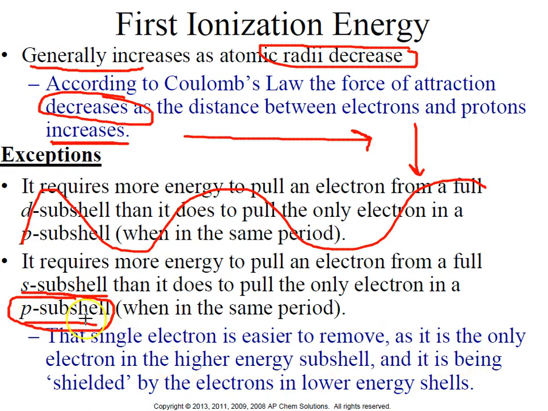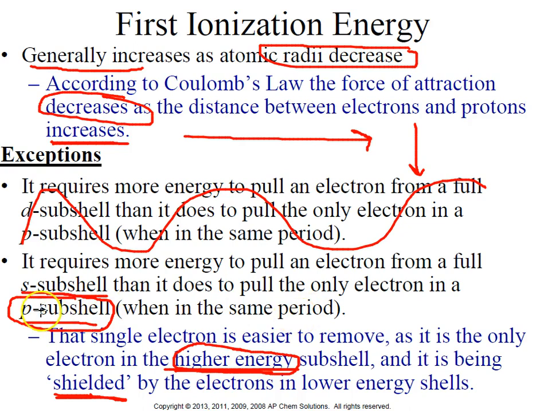Because the p, being in that separate subshell, is slightly higher in energy, only slightly, and is therefore shielded by the electrons in the s sublevel. The electrons in the s sublevel are a little closer to the nucleus, so they're harder to remove. But in the p sublevel, they're a little further from the nucleus. It's a little higher energy sublevel, so therefore easier to remove. Only in the same period.